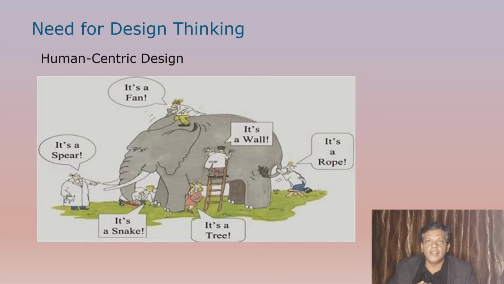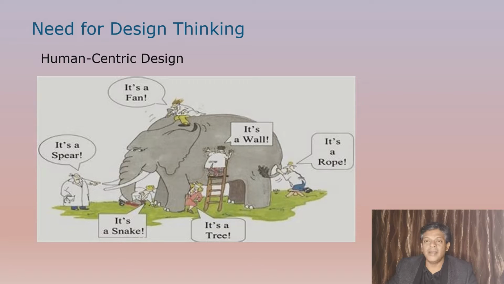You can see on your screens the classic case of the elephant and the blind man. Probably every one of us has heard this story where a few blind men, obviously they can't see anything, try to explore what is in front of them.